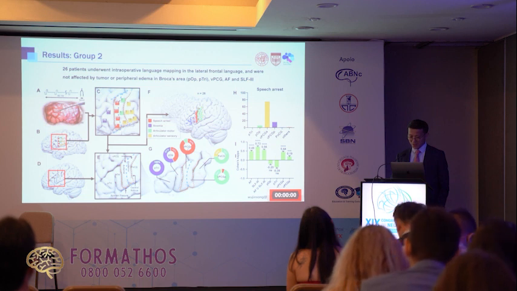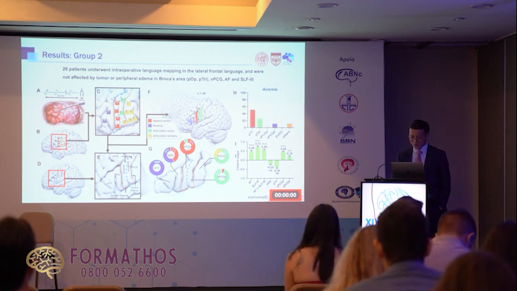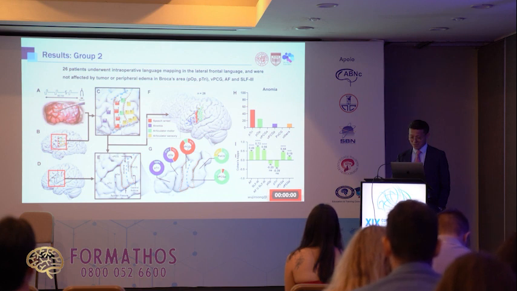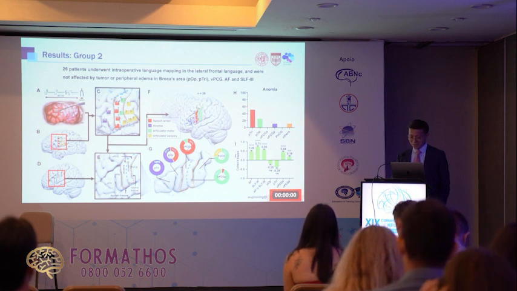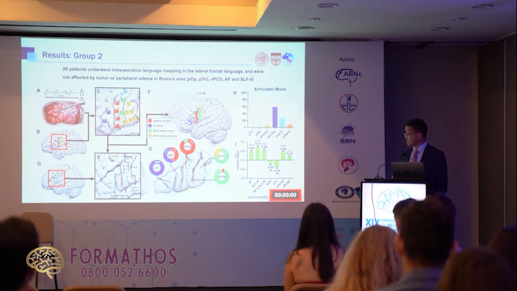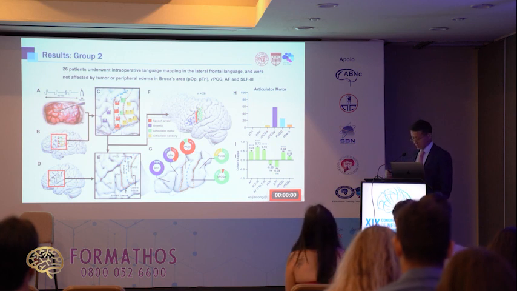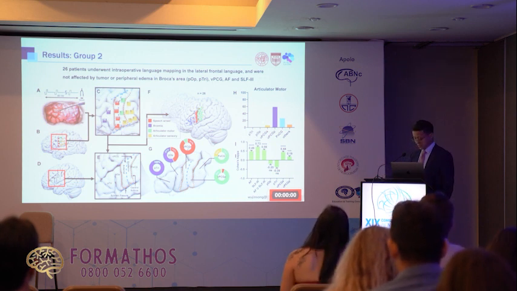Additionally, we identified a functional division in the ventral precentral gyrus, while the anterior bank is mainly associated with speech arrest sites, and the posterior bank is primarily related to lower level articulation, motor function, and anomia sites. So you can see different banks for different language production functions.